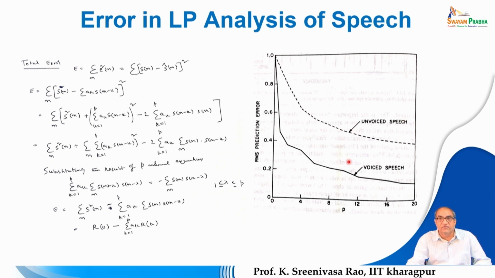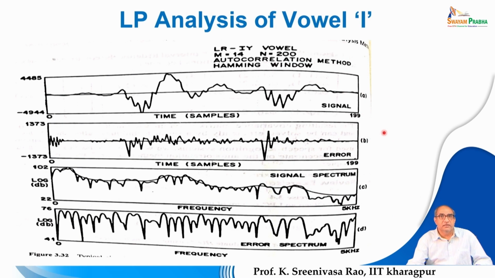The reason is that in an unvoiced speech segment the samples are not correlated, or the speech signal itself is noisy. In noisy signals the samples have random amplitudes, and predicting a sample from random samples leads to an erroneous result.